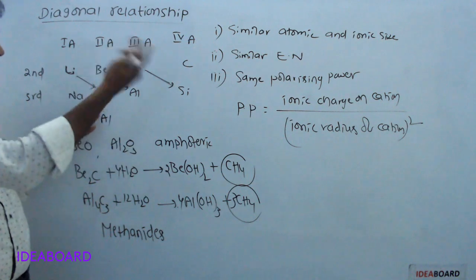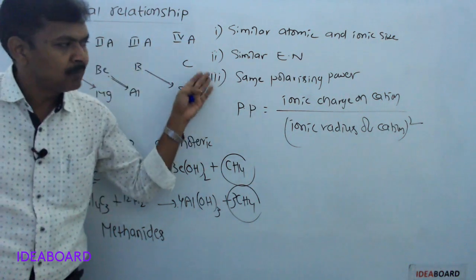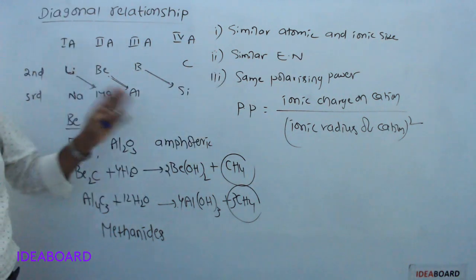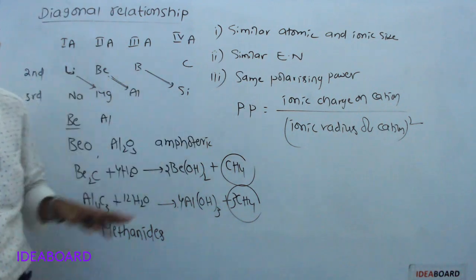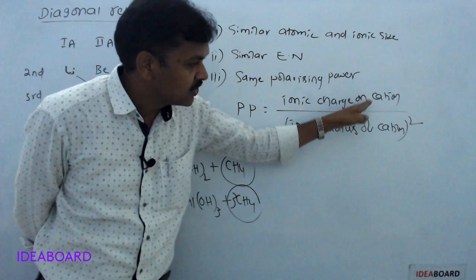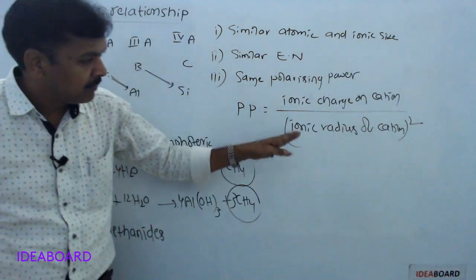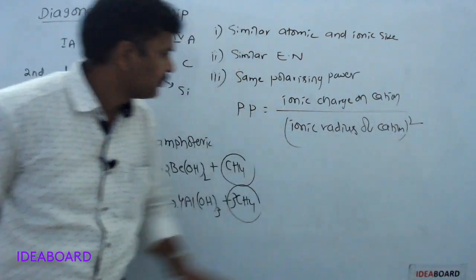Li plus and Mg plus 2 both have almost the same polarizing power. Even Be plus 2 and Al plus 3 have the same polarizing power.